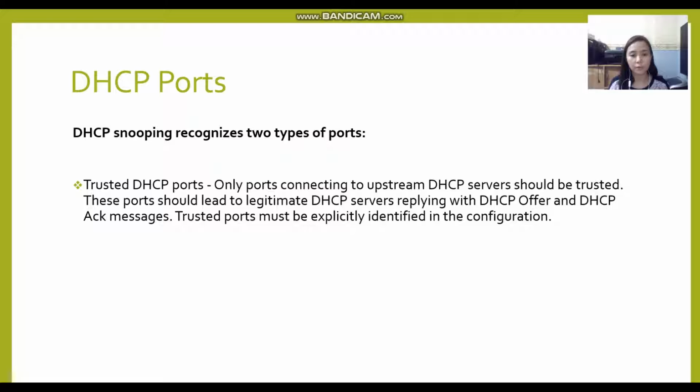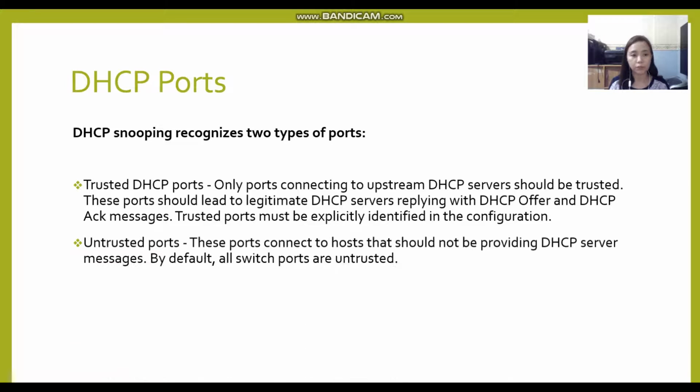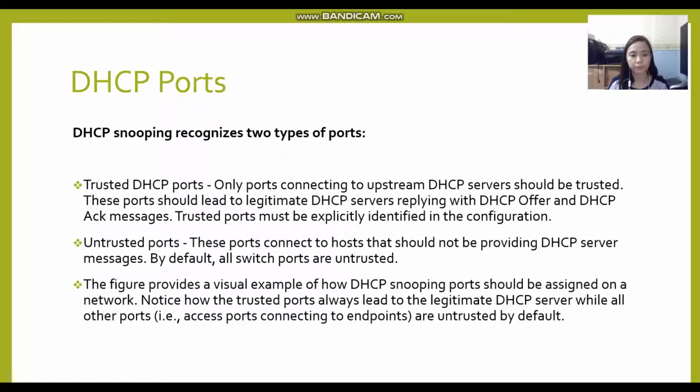Trusted ports must be explicitly identified in the configuration. And the other one is the untrusted ports, wherein these ports connect to hosts that should not be providing DHCP server messages. By default, all switch ports are untrusted.